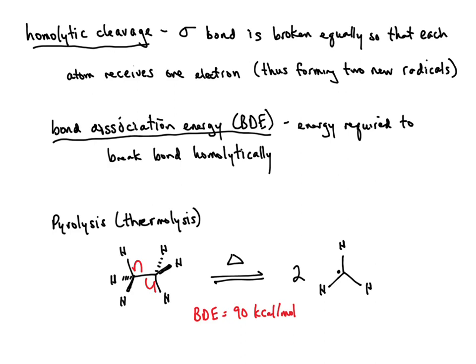One way of doing that is to make a C-C bond that's much weaker, that has a lower bond dissociation energy. One way of doing this is through a cyclic structure, to introduce some strain into the alkane so that the sigma bond is broken more easily and releases some strain.